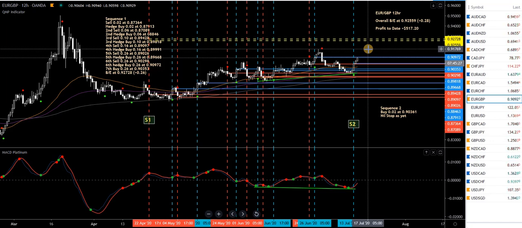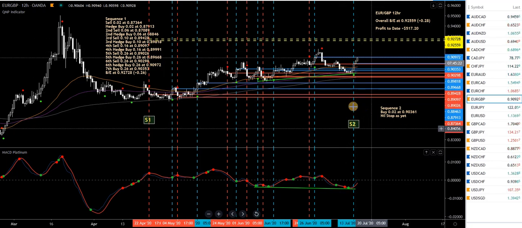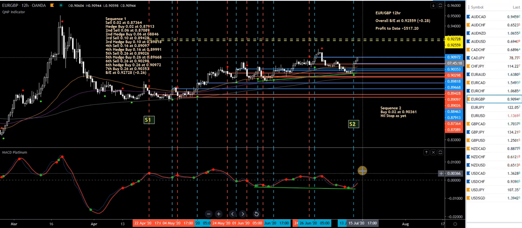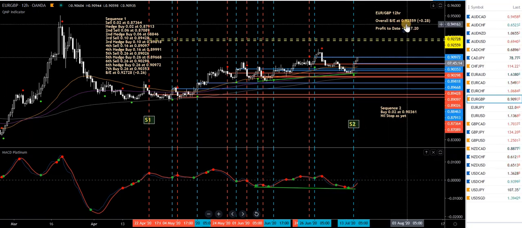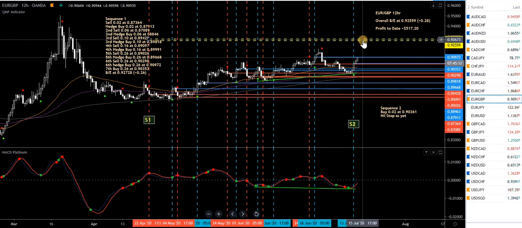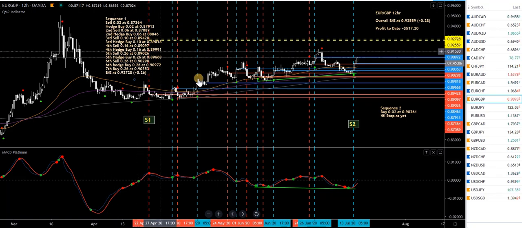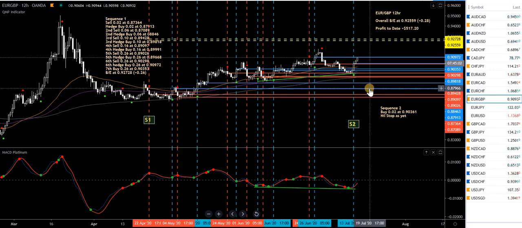In the meantime, if we can't close out sequence 1 or get to this overall break-even level, we'll just look at adding on sequence 2. Once the MACD Platinum goes through the zero level, hopefully we'll lock in some dollars, add to our overall profit to date. Then when we get a reversal, we can look at maybe closing some of these buy trades and then pivoting this sequence again. You've got options. All these lines are pretty close, so it's not too bad. That's the euro pound.